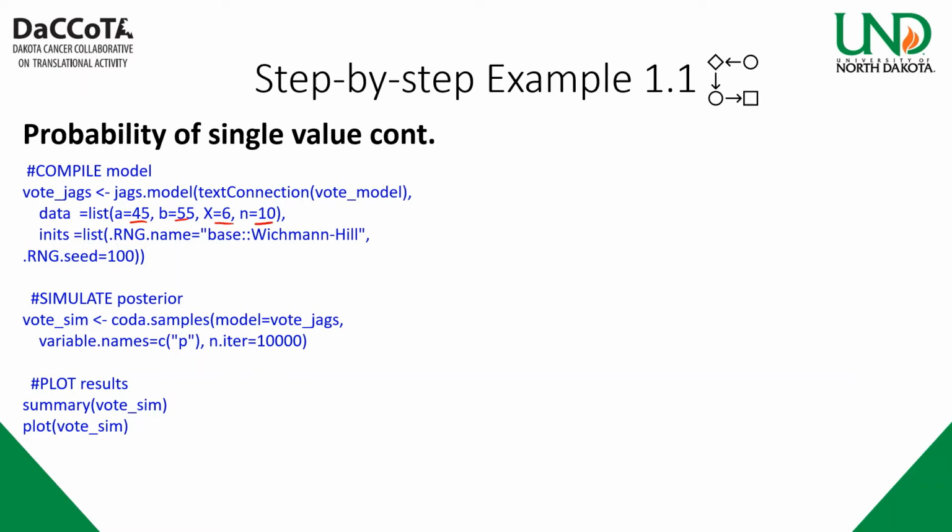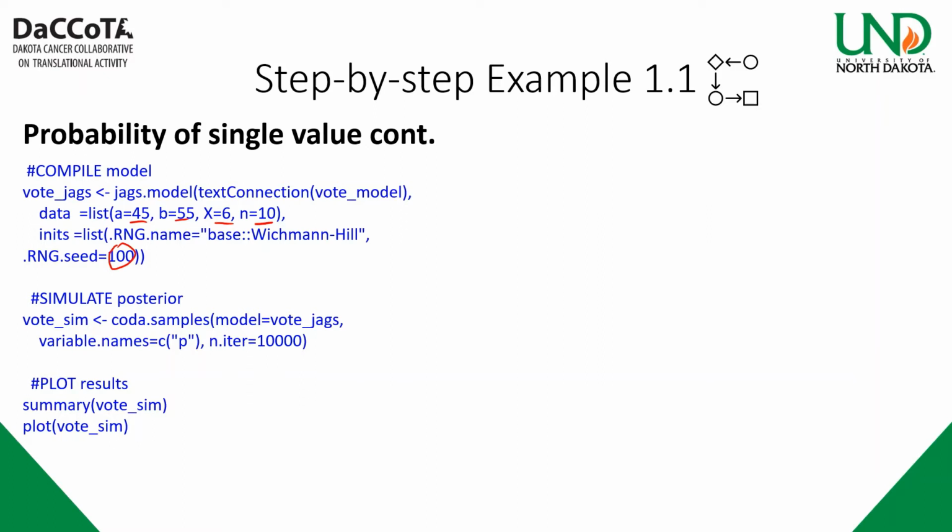And then there's this initialization. You can just fill this out. This won't really change as we go through, including the seed. If you set this seed, it'll replicate the results. So if you set this to 100, it should give you the same results I'm getting here. If you don't set a seed, you'll get slightly different results because it's simulating each time.